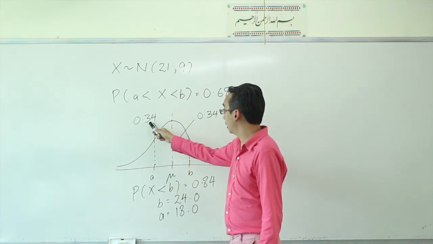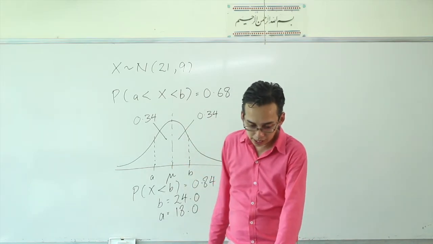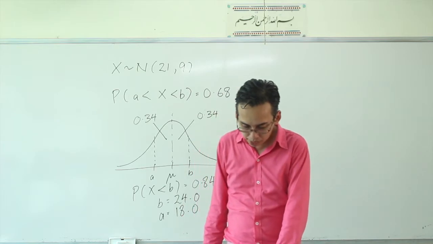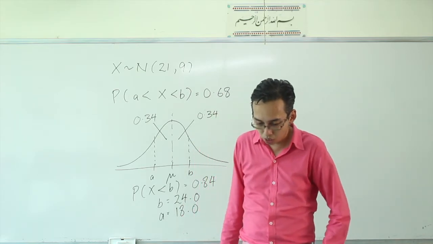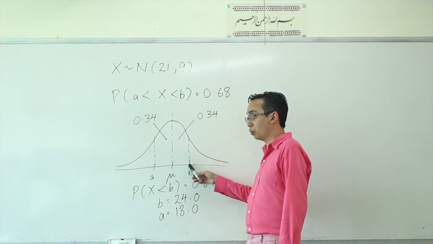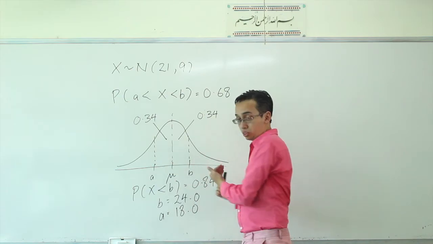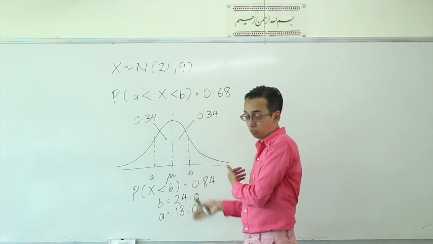You notice that this 0.68 is the 68% there. And the data must lie within one standard deviation of the mean. So this is the mean. They must lie one standard deviation away, to the left or to the right, less than the mean or more than the mean.